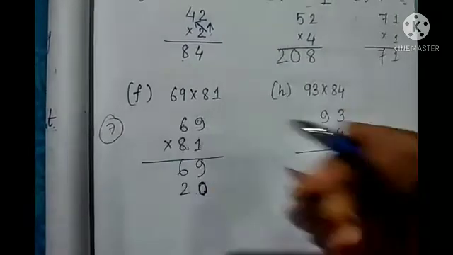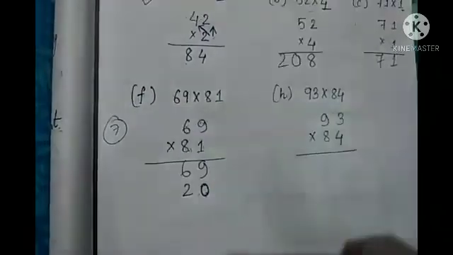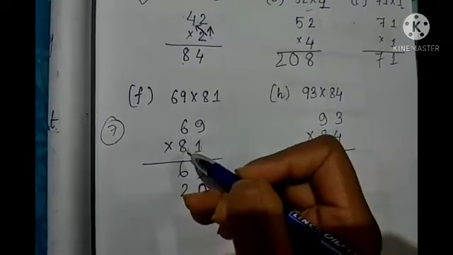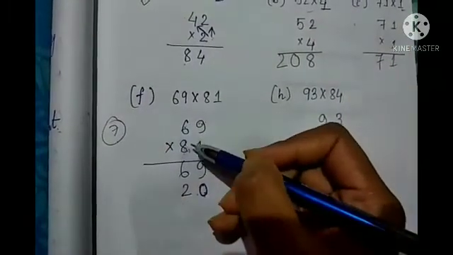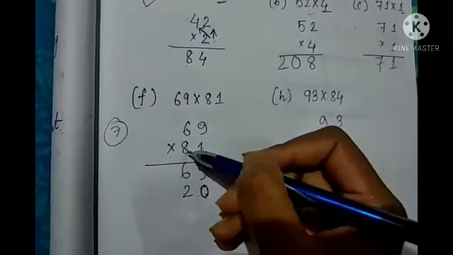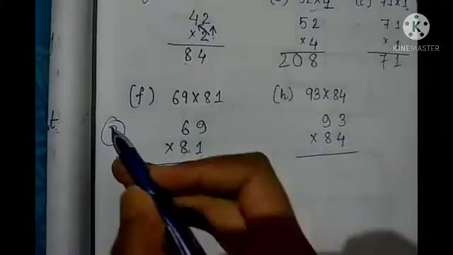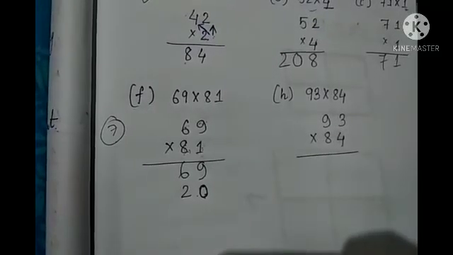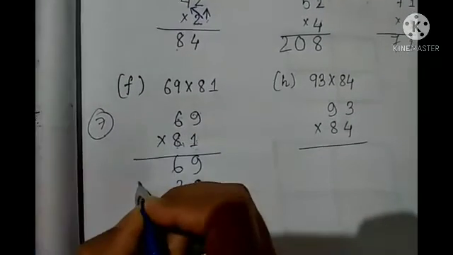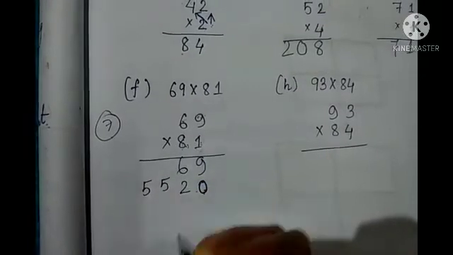Now 8 sixes are 48, same as 6 eights, 48. So 48 plus 7 will be 55, so you have to write 55 here.